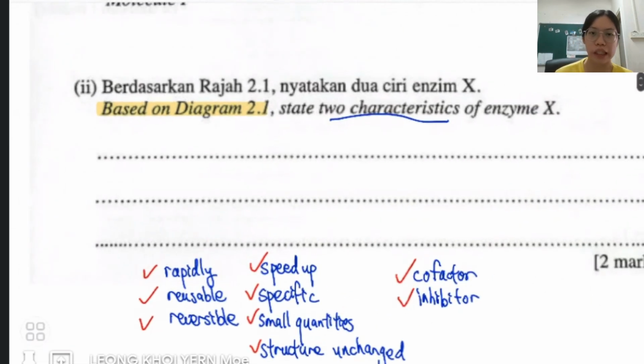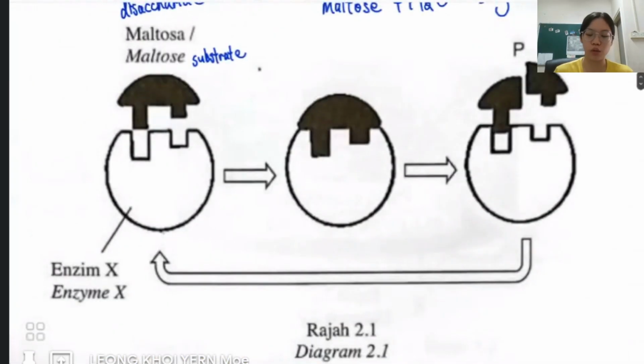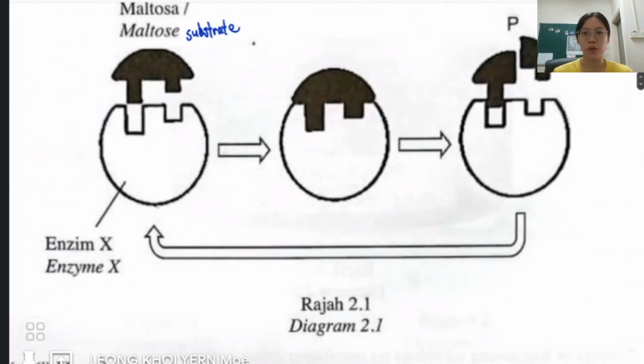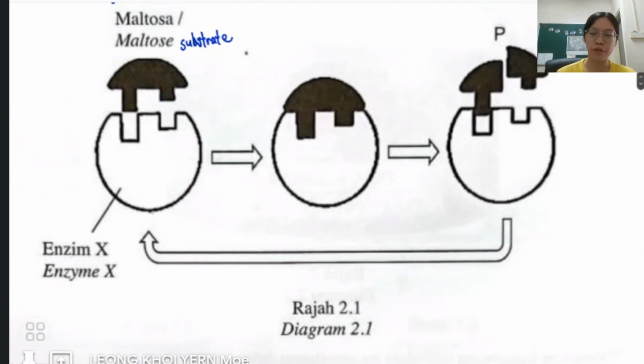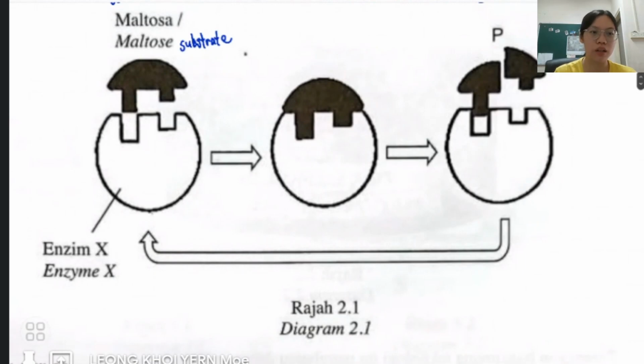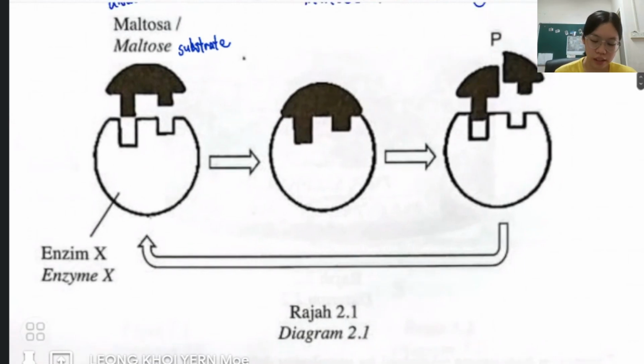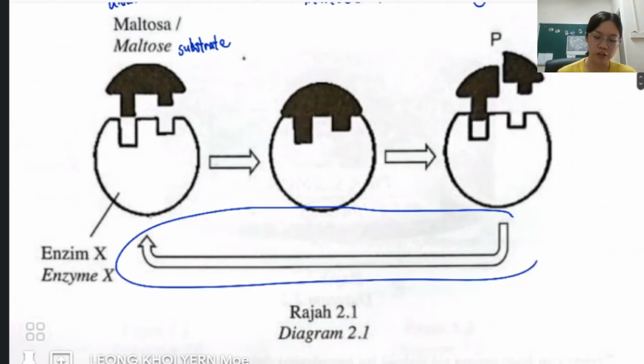However, this one needs you to base your answer on diagram 2.1. So you have to be specific for this type of situation. You have to see what characteristics you can add that actually relate to this diagram. If you take a look at this part, you can see this huge arrow right here.